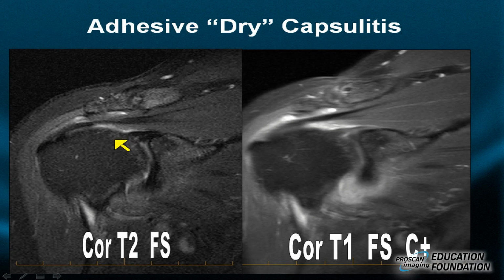And yet when you look at this adhesive capsulitis, which consists of fibrous tissue or fibroinflammatory tissue that is just baking into the joint, and when you give contrast, it inflames. But there's no effusion, which is typical of adhesive capsulitis, and somebody interprets this as the signs of a prior capsular injury from a dislocation.